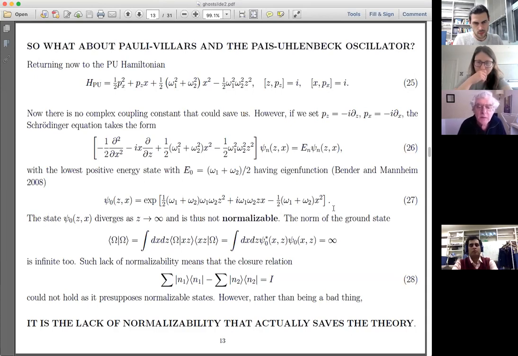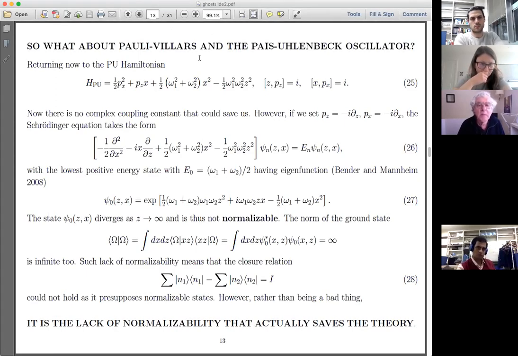So none of the wave functions of the theory are normalizable. Since they're not normalizable, you can't use the standard closure relationship. However, rather than being a bad thing, it's the lack of normalizability that actually saves the theory.